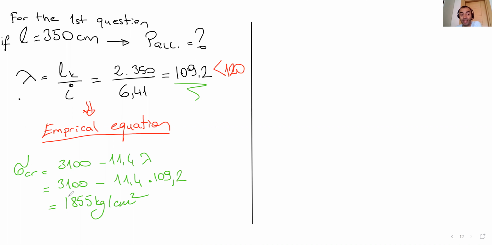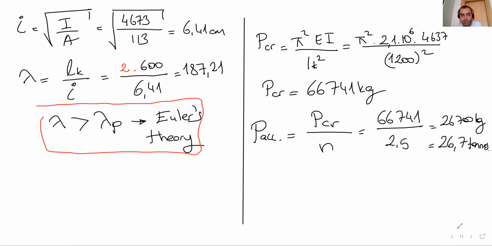Okay, now we have the stress. We need to convert it to the critical force. So P critical equals sigma critical times area. Stress times area gives us the force. We calculated the area over here. It's this one.